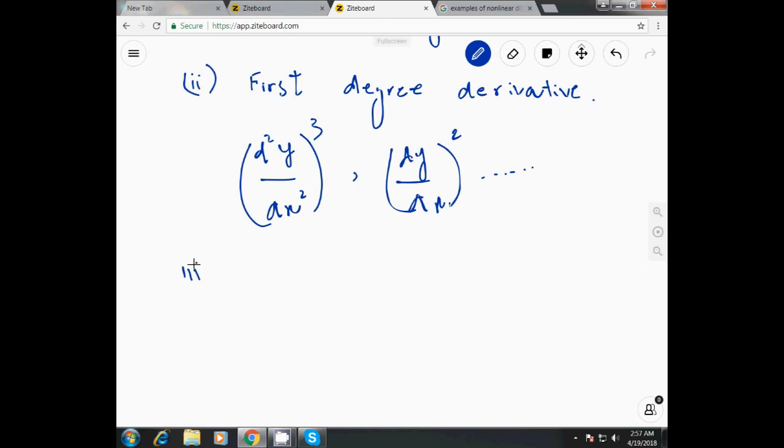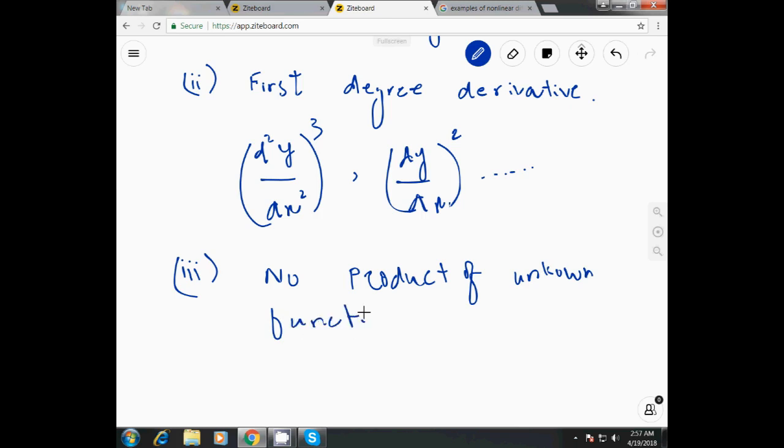Number 3, the main property is that there is no product of an unknown function with its derivatives.